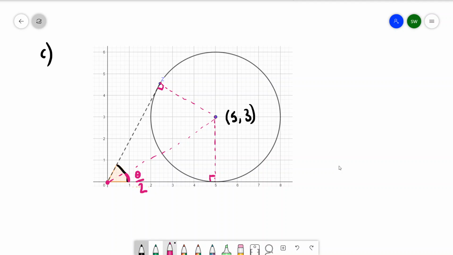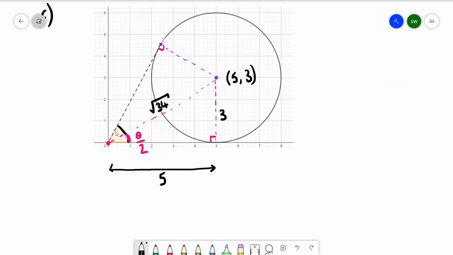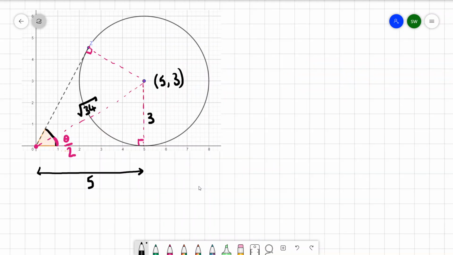Well, this helps us because we know that the radius of the circle is 3, so we know that length's 3, and we know that this length along the bottom is 5. And actually we can find out what this hypotenuse is using Pythagoras. So that's root 34. And in fact, we don't actually need to find that because we could just use tan on this right angle triangle.